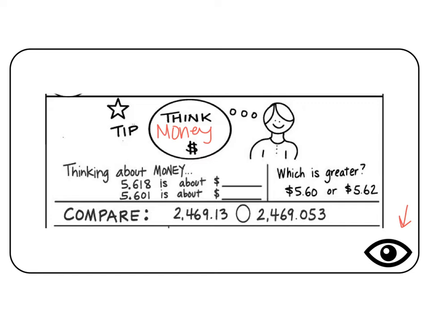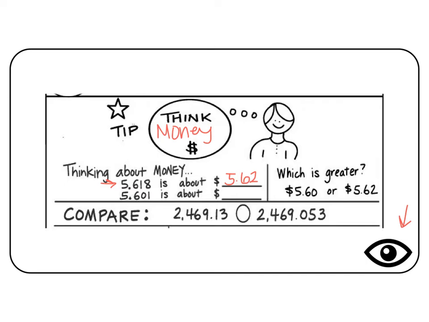So thinking about money, if we look right here, this number is 5 and 618 thousandths. If we were to round this number, we could round it to 5.62, and we would say that is about $5.62. If we look at the second number, we have 5 and 601 thousandths.